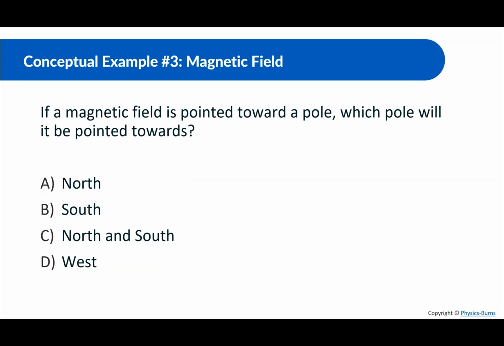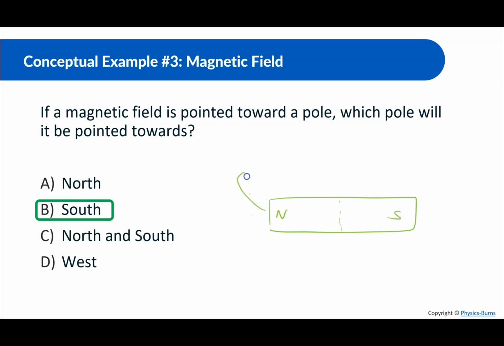Example number 3. If a magnetic field is pointed toward a pole, which pole will it be pointed towards? North, south, north and south, or west? We should know that the answer is south. Remember, for a magnet, this is the north side and the south side.